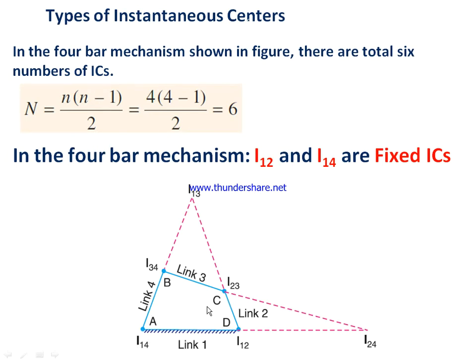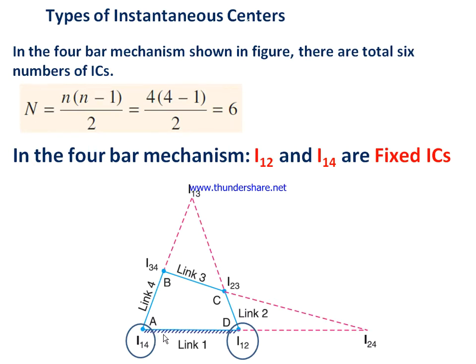Whatever may be the position of link 4 or link 2, the position of I14 and I12 will not change. They will always be attached to point A and point D. They never change their positions. That is why they are called fixed instantaneous centers. So I14 and I12 are the fixed instantaneous centers.